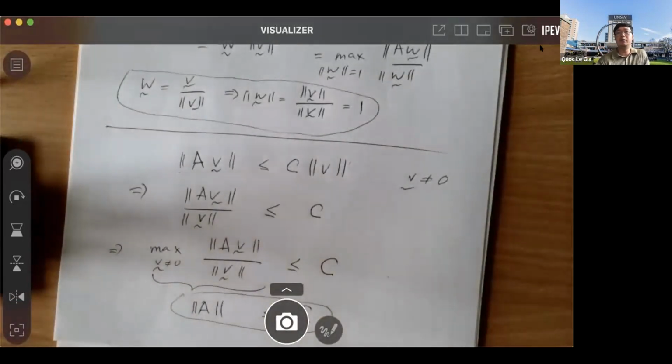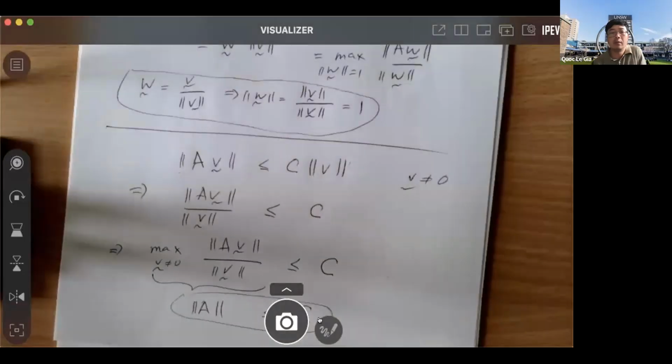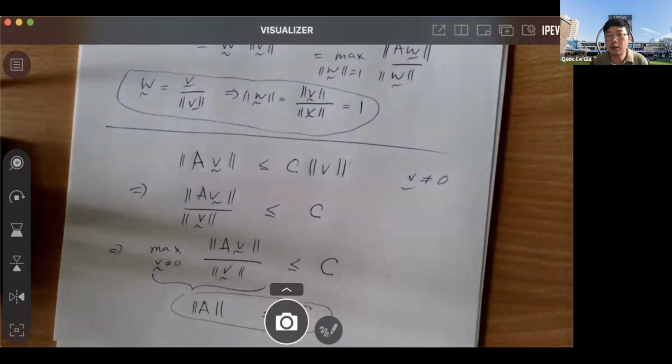So now if you go back to the slide, what does the max notation mean?